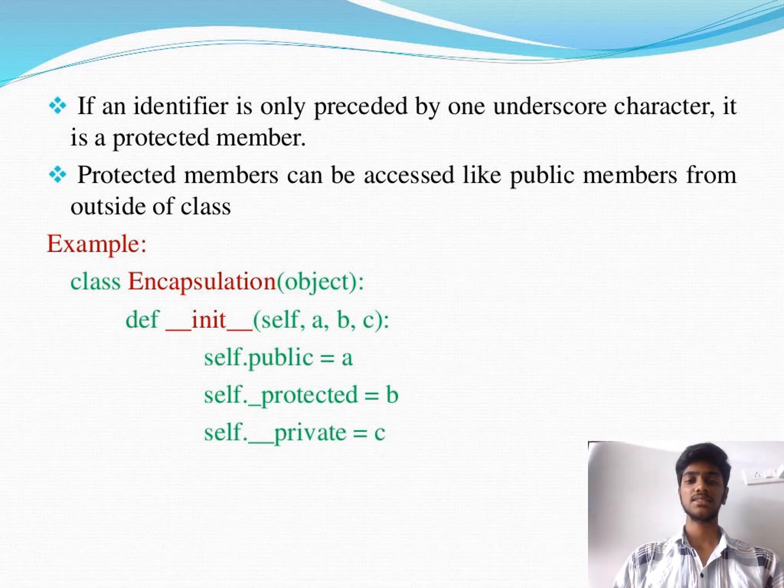Example: class Encapsulation(object): def __init__(self, a, b, c): self.public = a; self._protected = b; self.__private = c.